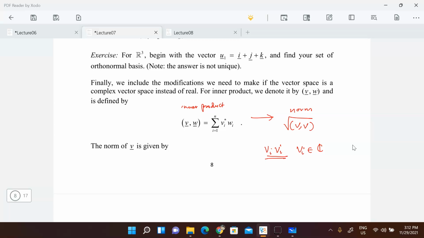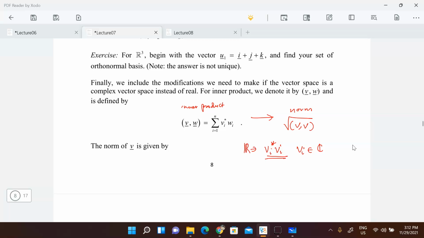Okay. So this will not work for the case of the complex vector space, so you need the conjugate. Because once you have the conjugate, sorry about that, some other device there. So when this is a complex number, then when you multiply with the conjugate, this becomes a real number.